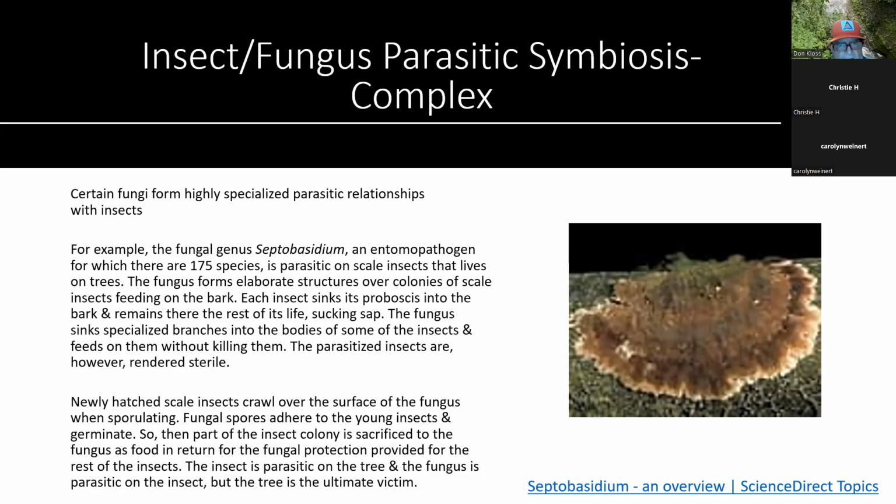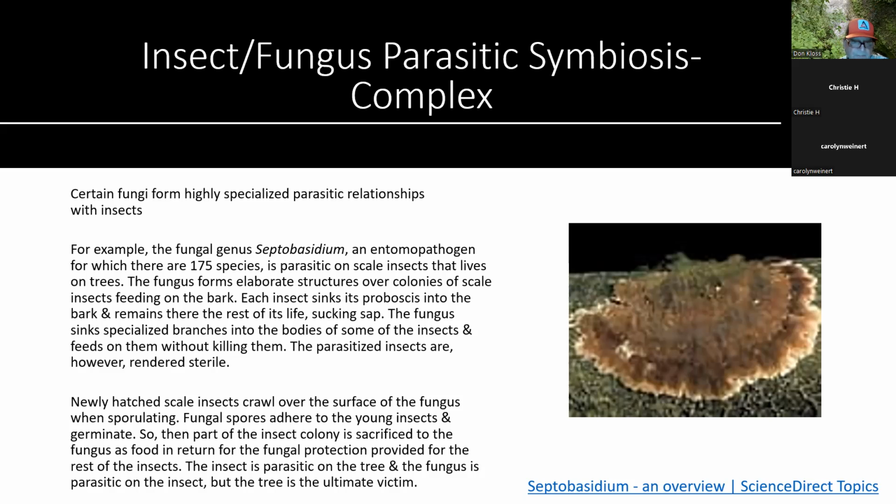The fungus forms an elaborate structure over top of colonies of the scale insects that are feeding on the bark of a tree. And these insects, they sink their proboscis into the bark and remain there the rest of their life, sucking sap. That's what they do.